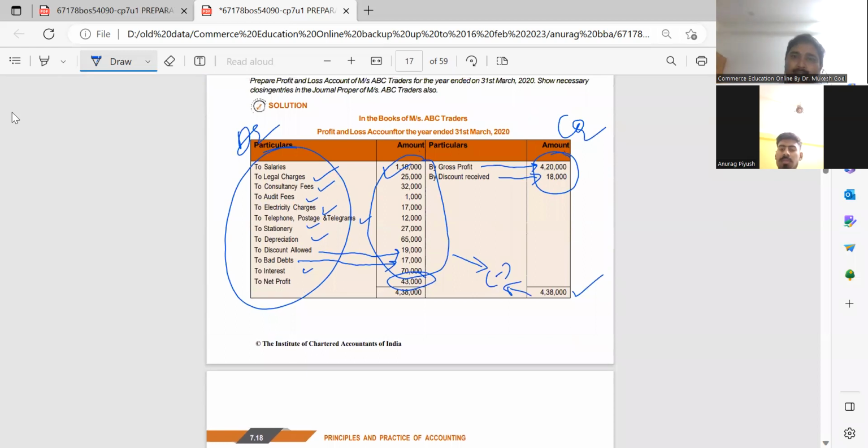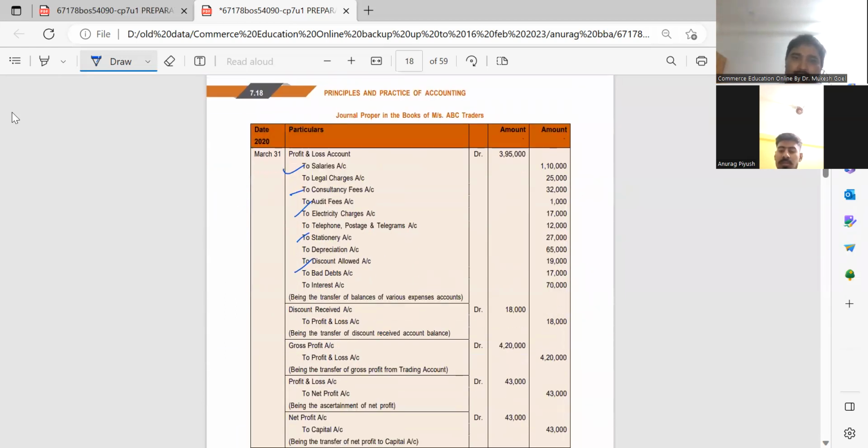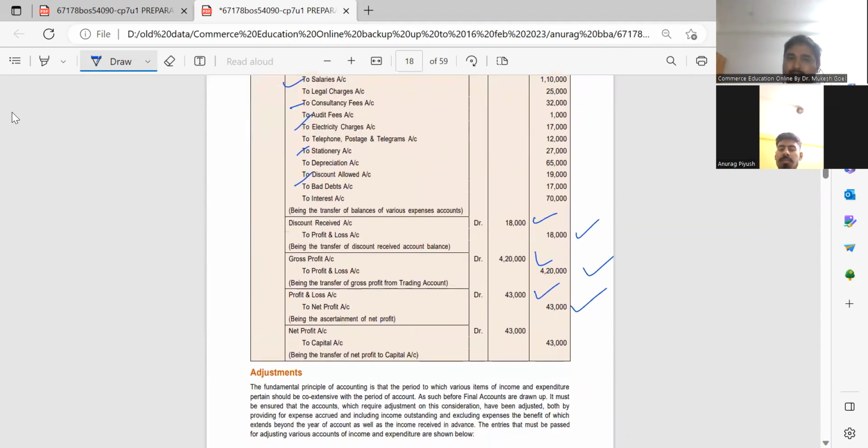And discount account debit to profit and loss account. And gross profit to profit and loss account. And profit and loss to net profit account. These are our entries. And net profit is finally transferred to the capital of the owner. Net profit debit to capital account, right?